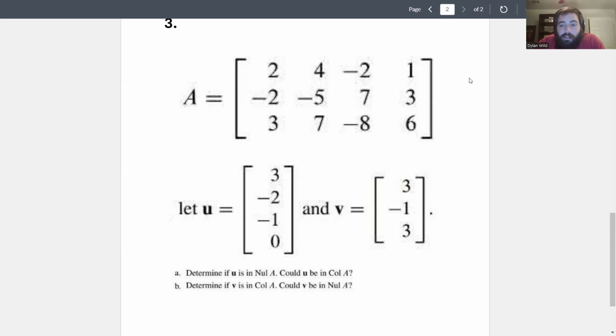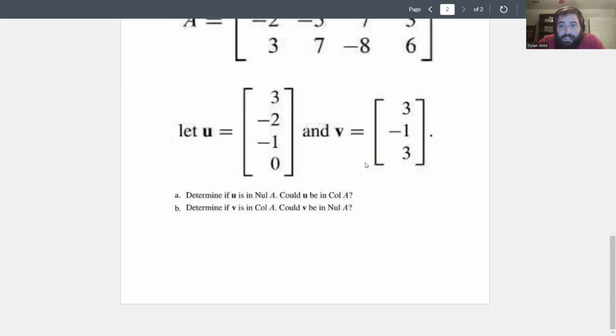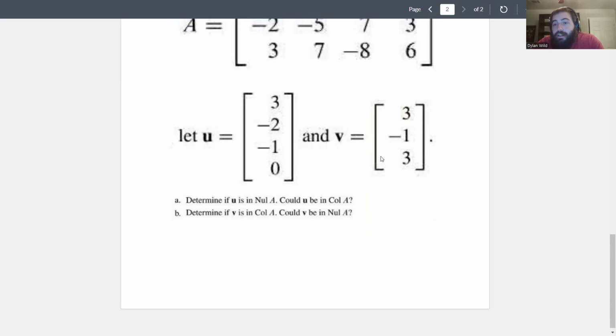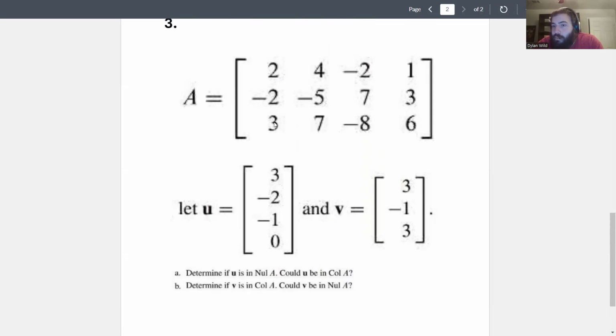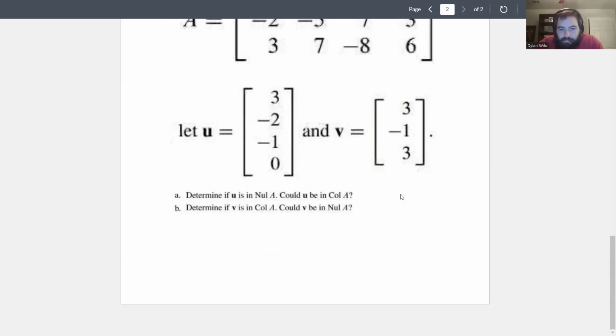Now the trick here, just going off this geometry, is that we've already ruled out some options. u could be within the null space of A. That's a possibility. v, however, cannot be within the null space of A because it has to be in the nth dimension dictated by that matrix A, and in this instance the nth dimension is the fourth dimension. v is only in R3, so we're missing a dimension there.